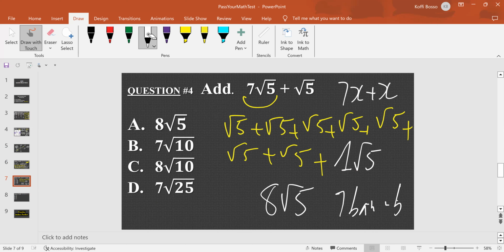So we have like terms. Therefore, we combine the coefficients. There is an invisible 1 here. Therefore, the correct choice is A.